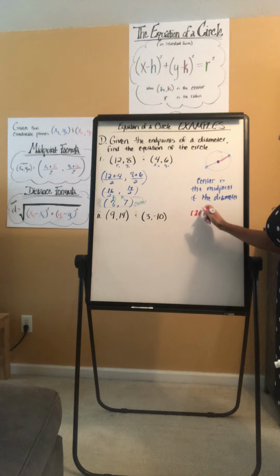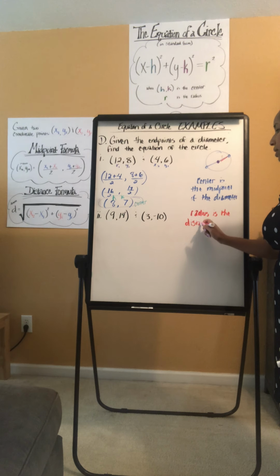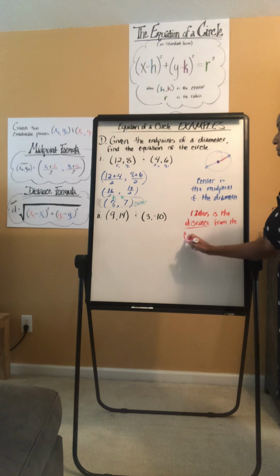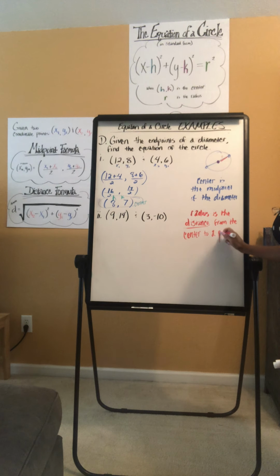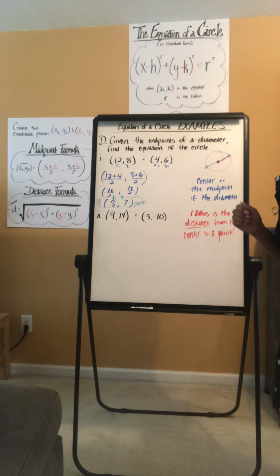The radius is the distance, you see it coming? The distance formula. It's the distance from the center to a point somewhere on the circle. All right, that's key.